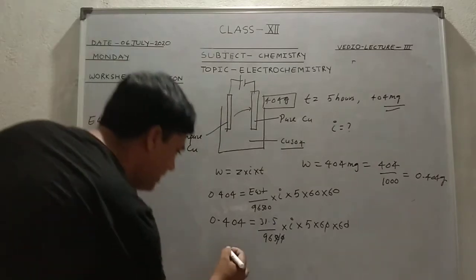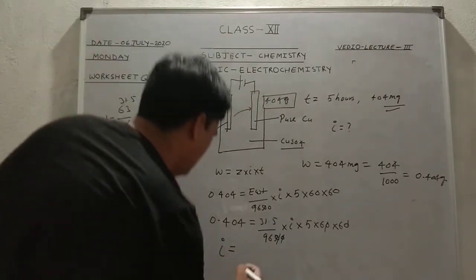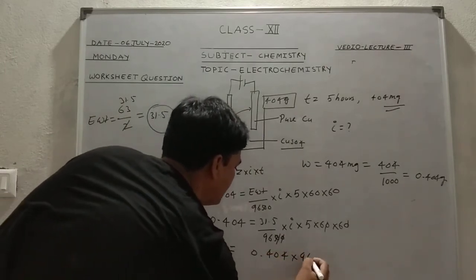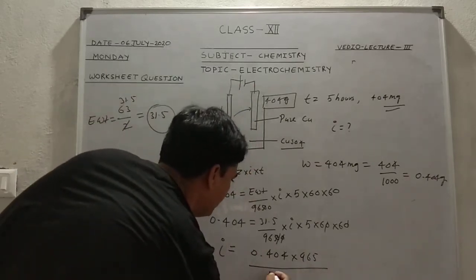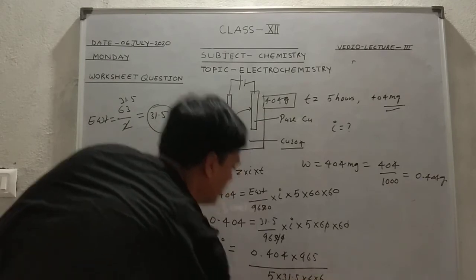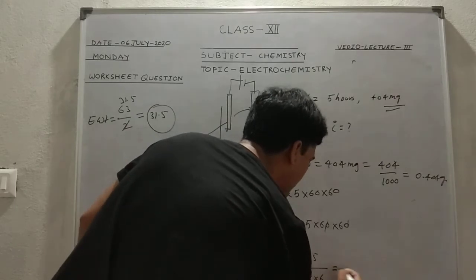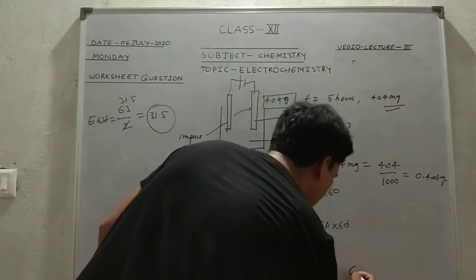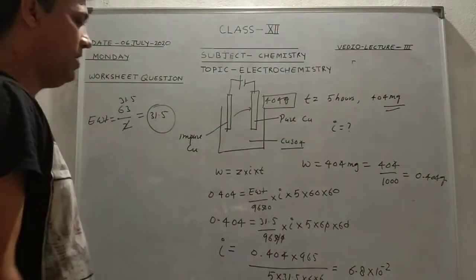So I is equal to 0.404 into 965 divided by 5 into 31.5 into 6 into 6. After solving, the answer is 6.8 into 10 to the power minus 2 ampere.